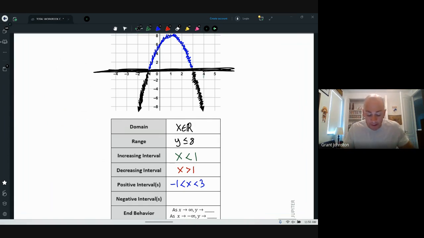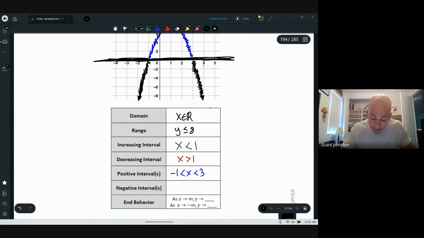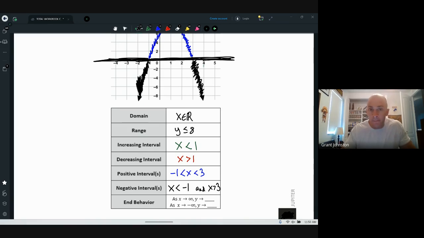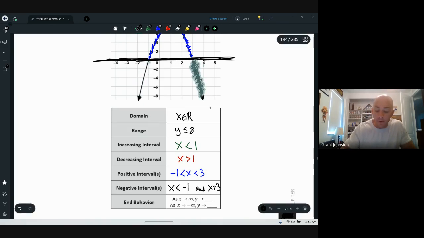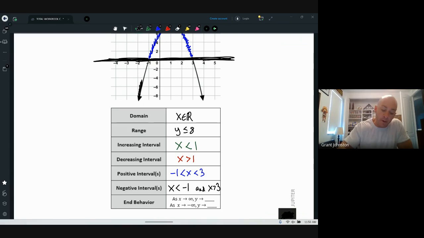How I would define that, the negative interval is when x is less than -1, which is this spot over here, and when x is greater than 3. Those are the two times it's negative. When x is less than -1, that's over here, and when x is greater than 3, that's over here.